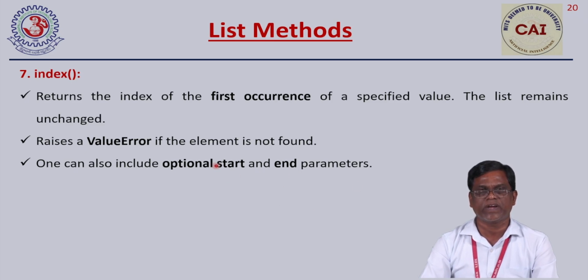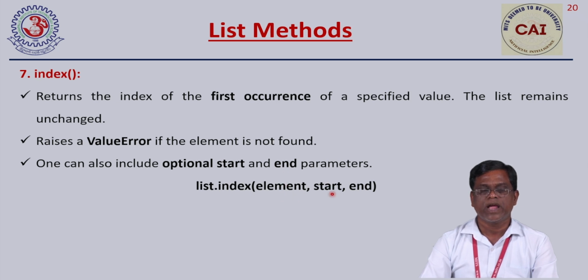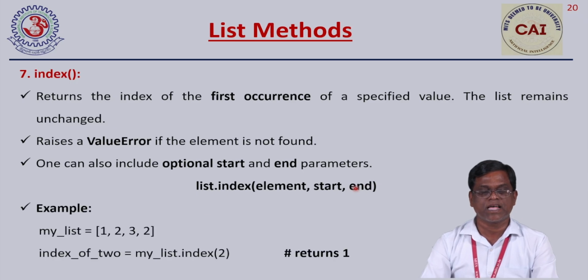Here is the syntax: list dot index of the element for which we need to find the index, then the starting index value and the ending index value.